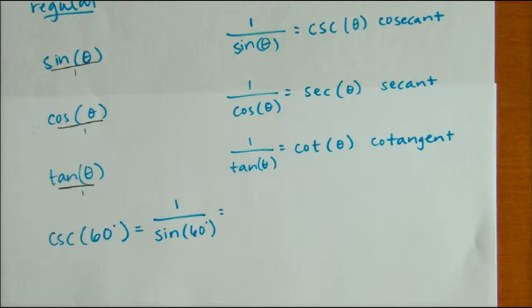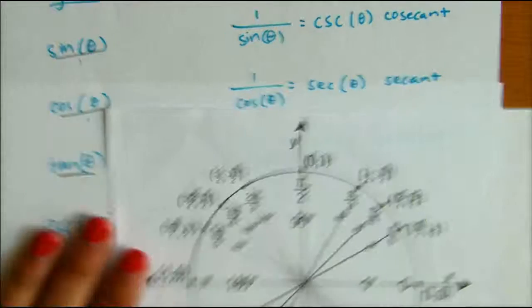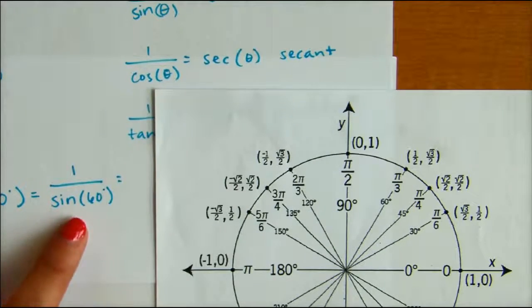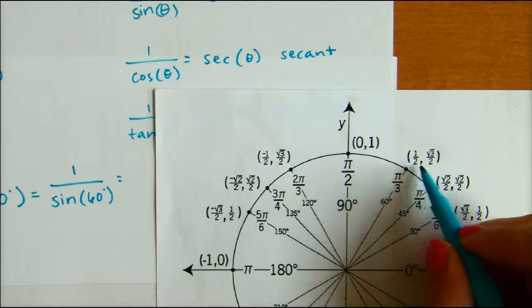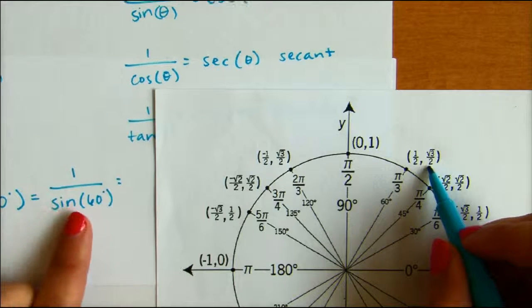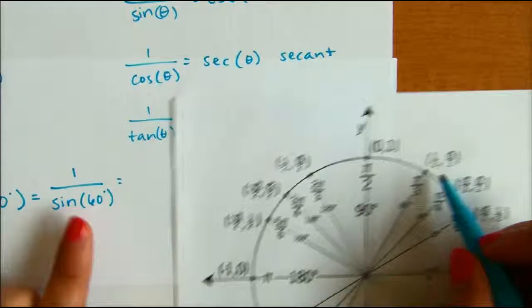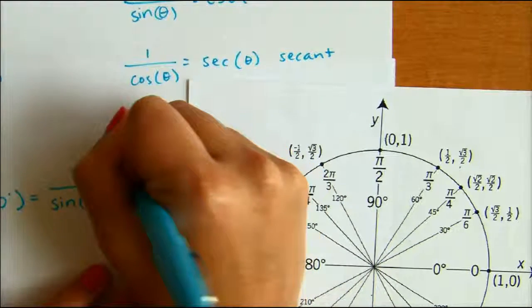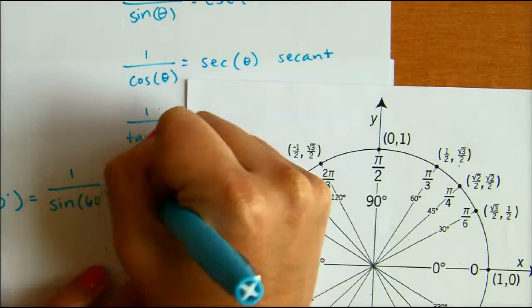Okay. So from here, I'm going to look at my unit circle. I'm trying to find sine of 60 degrees. So I'm going to go to 60 degrees. My sine value is my y value. So sine of 60 degrees is root 3 over 2. I'm going to replace that over here with sine of 60 degrees. So I'm going to have 1 over root 3 over 2.